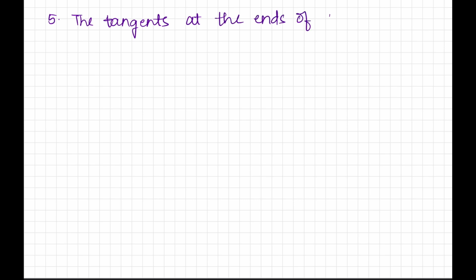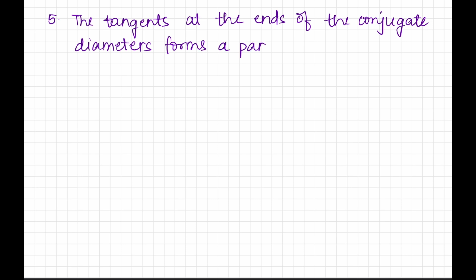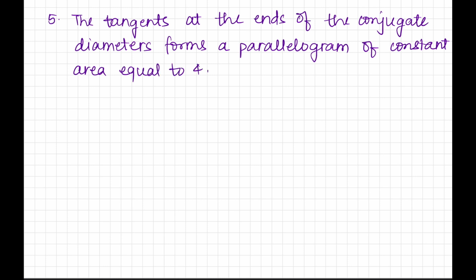And the last point is the tangents at the ends of the conjugate diameters form a parallelogram of constant area equal to 4AB.